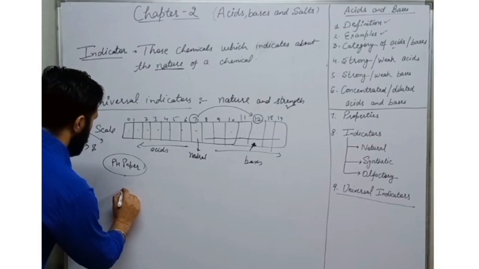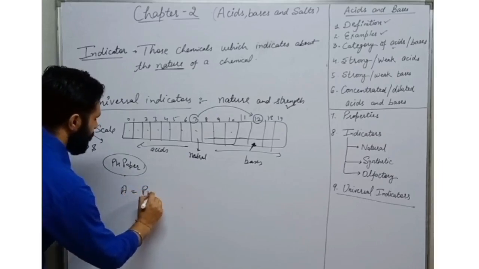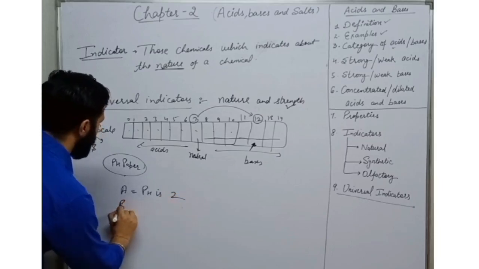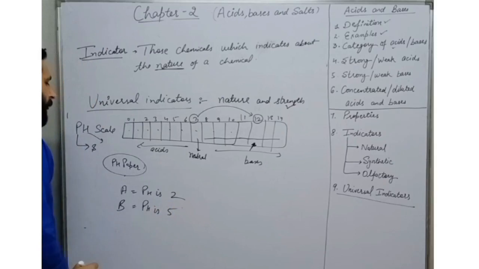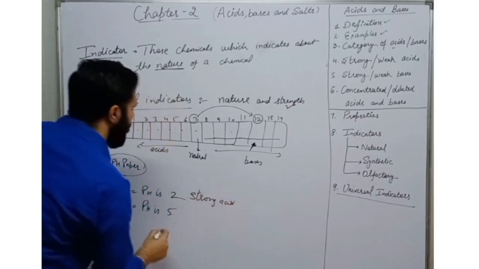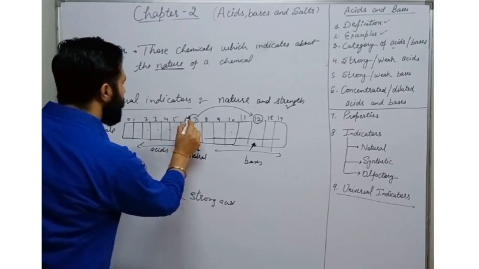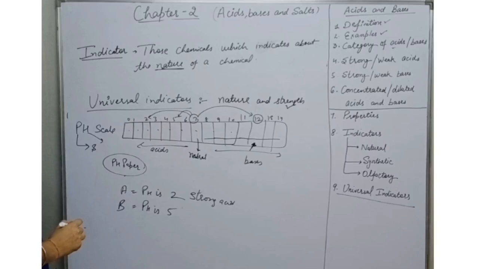Suppose two chemicals are there. For A, pH is 2, and for chemical B, pH is 5. It is strong acid. Why 2 is stronger than 5? Because 5 is near to 7 and 2 is far from 7.